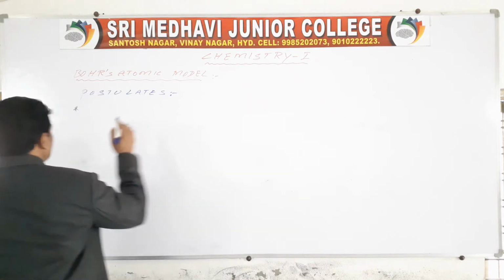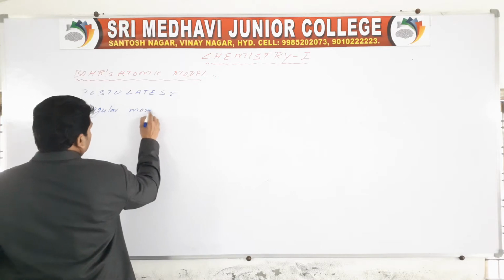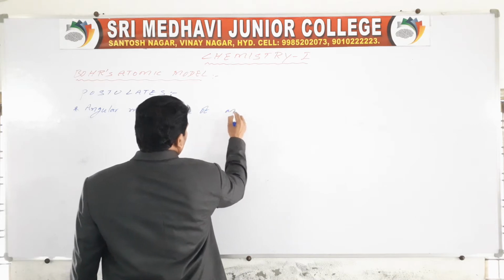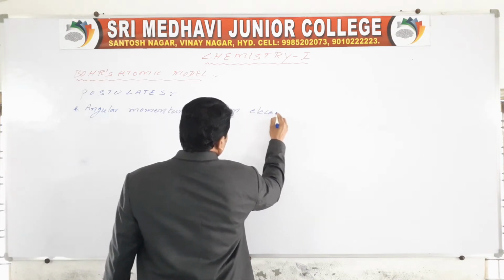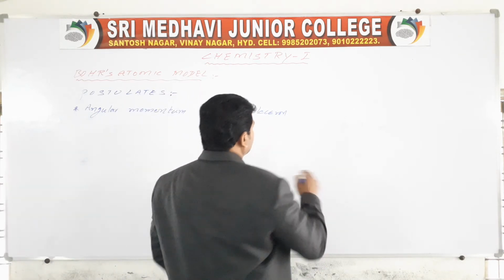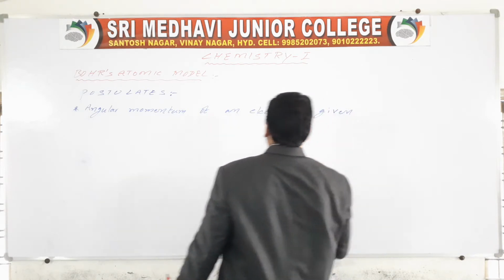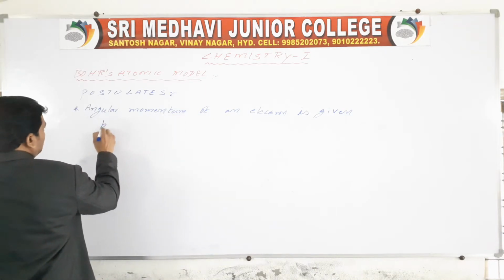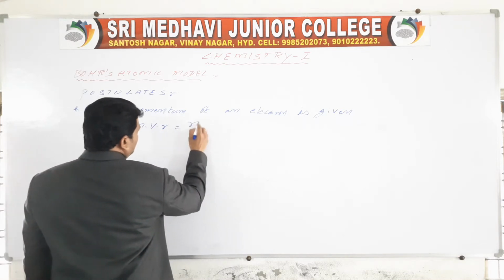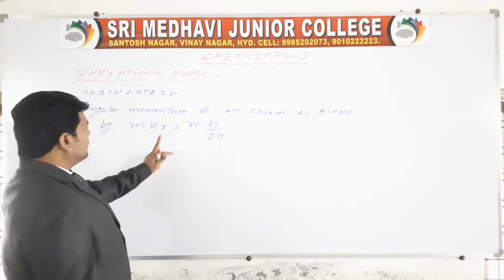See, the angular momentum of an electron is given by mvr equal to n into h by 2 pi.